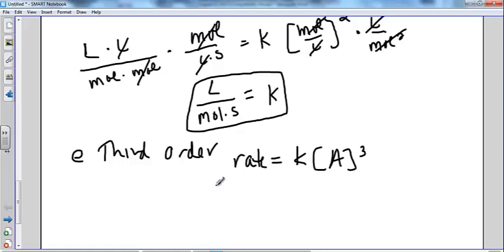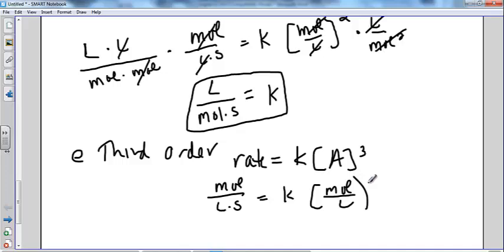So for our rate, it's still moles over liters times seconds. We're still solving for k, and this time we have moles over liters cubed. So this time, if I flip it upside down, I'd have liters cubed over moles cubed in order to cross everything off and get it simplified.